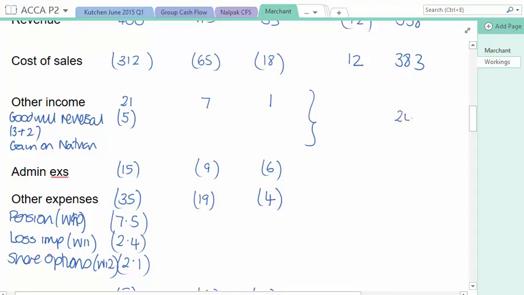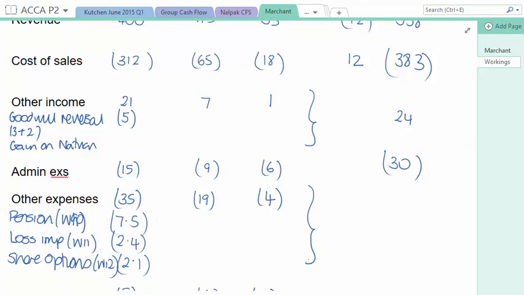So I've got here a figure of 24. Admin expenses, we can add those together. 30. Our other expenses, an awful lot of adjustments. 35 plus 19 plus 4 plus 7.5 plus 2.4 plus 2.1. And that works out to 70.